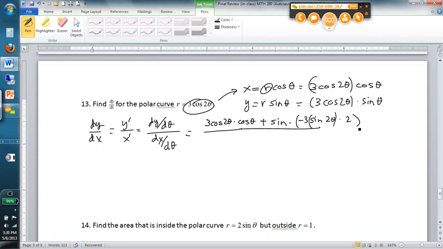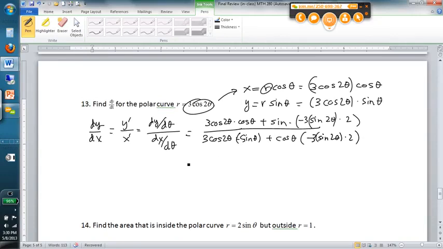And then the bottom, the dx, product rule: 3 cosine 2 theta times the derivative of cosine, which is negative sine, and then the cosine times the derivative of 3 cosine 2 theta, which is the same thing as I got right there.